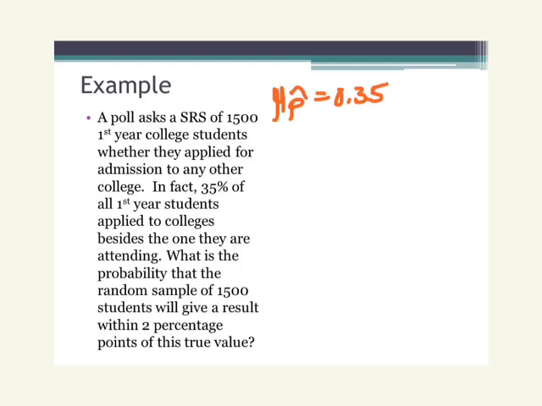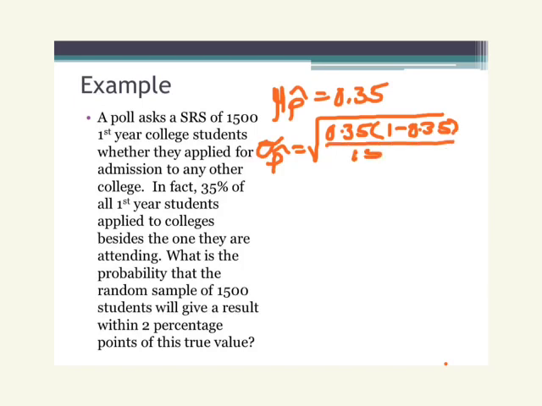And we know that the standard deviation of p hat is equal to the square root of p, so 0.35, times 1 minus p, all over n, 1,500. All right, so our sampling standard deviation comes out to be 0.0123. So now we have the mean and the standard deviation.